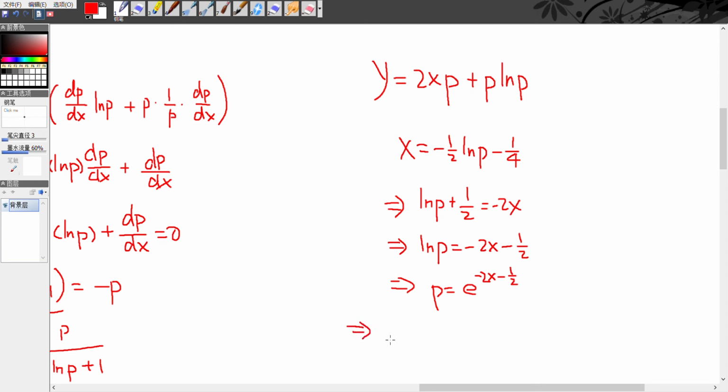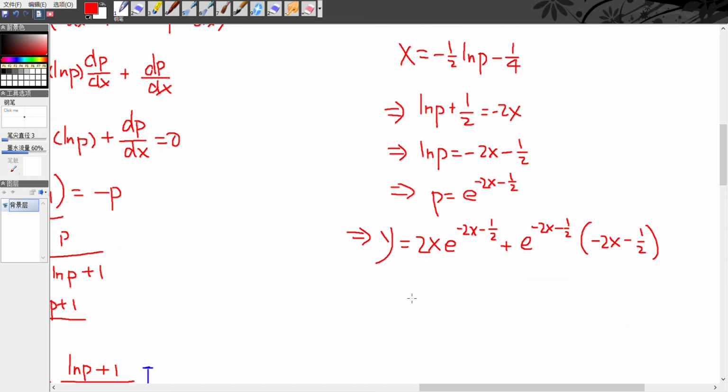And right here we have y is equal to 2x times e to the negative 2x minus 1 over 2, plus e to the negative 2x minus 1 over 2 times negative 2x minus 1 over 2, which gives us our final answer as negative 1 over 2 times e to the negative 2x minus 1 over 2.